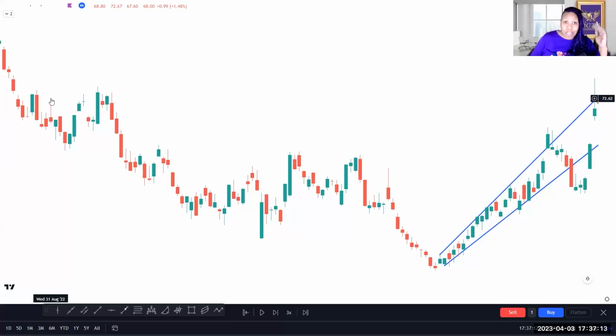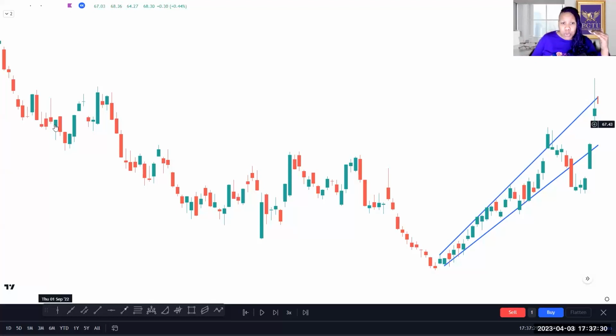And the bears was like, oh no, wait a minute, we holding this line right here. So the bears came in and pushed the candle from being green to the point it was red. So this is a very bearish candle.